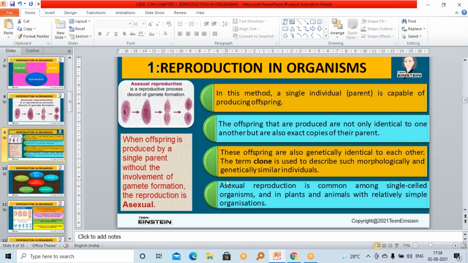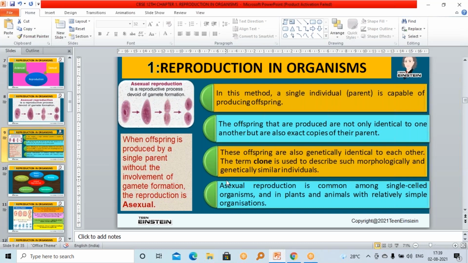And these offsprings which are produced from the single parent are identical. There is no difference between the offsprings. If there are 5 offsprings, all five will be similar.